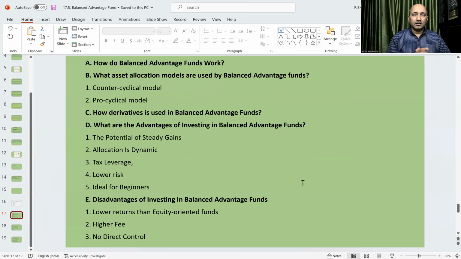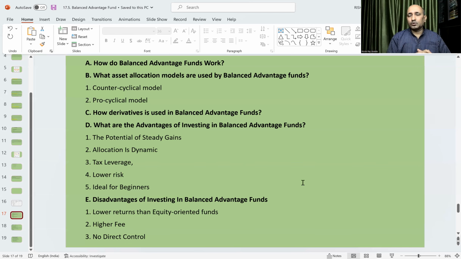Another gain is the tax efficient model. As the fund manager, even if the market is volatile, whenever there is less chance to have the fund in equity, they start to park money in arbitrage, and through that we can have up to 65% in equity or equity related arbitrage, so that our taxation will be efficient and we can reduce taxes through this balanced advantage fund.